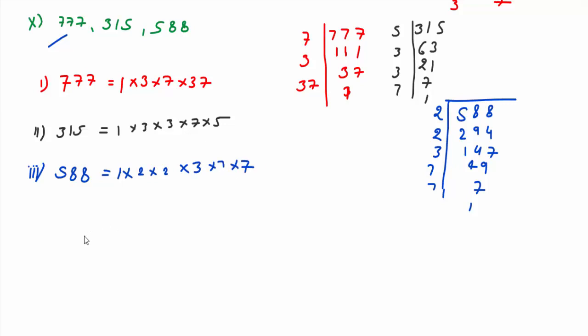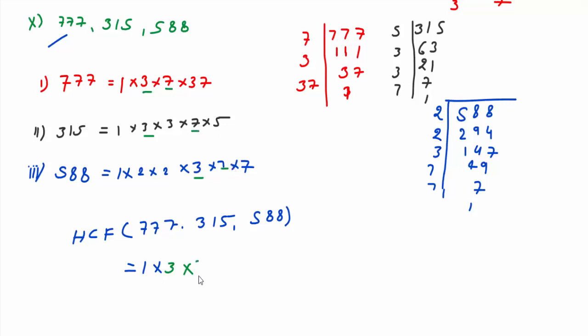So let us find out the HCF, which is equal to the common factors. First will be 1. यहाँ पे देख लेते हैं कॉमन फैक्टर्स कौन कौन से. 1 हो गया. 3 पे आ जाते हैं, 3, 3, 1 more 3. ओके 3 हो गया. Then we come to the 7, 7, 7, 7. ओके एक 7 हो गया.